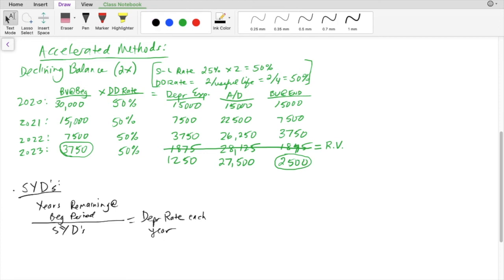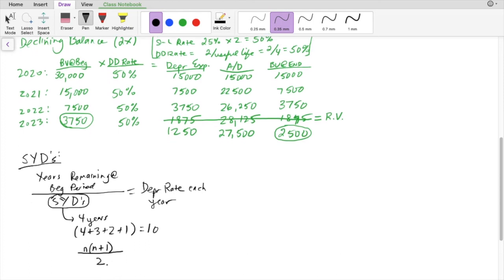Okay? The sum of years digits, in our case here, we have a useful life of 4 years. And so the sum of years digits is calculated by taking 4 plus 3 plus 2 plus 1, which gives us 10. So that's going to be our denominator. You can also calculate this by taking the number of years in your useful life times the number of years in your useful life plus 1 and dividing it by 2.